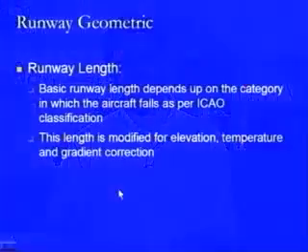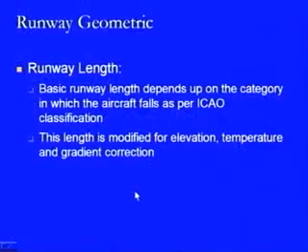So, that is the value by which this basic runway length which is being computed gets modified, and in the case of elevations going up, these will be increasing. So, that is the aspect which we have to take care of when we are talking about any runway length.